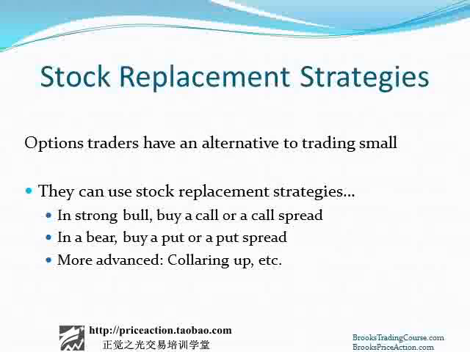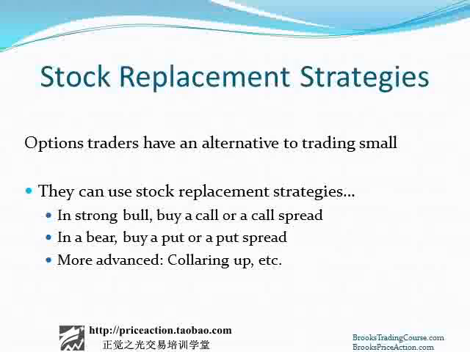You hear me many times in this course talk about trading small, especially when the stop has to go far away. However, for option traders, they can use stock replacement strategies as an alternative to trading small. For example, let's say the market is in a strong bull trend and the stop has to go 3 times further away than you normally want your stop to be.